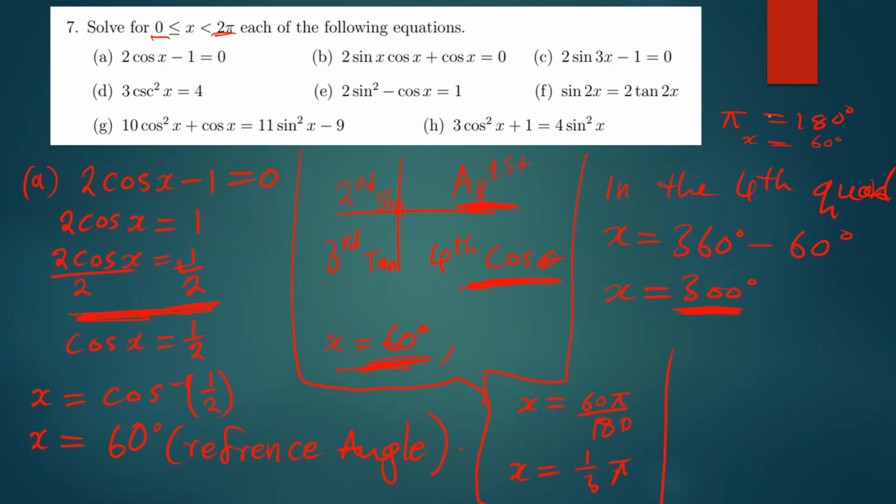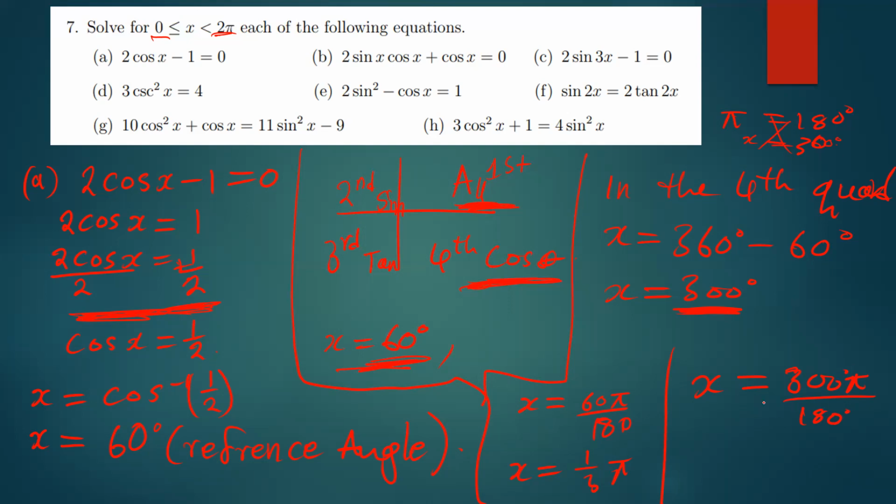So how do we convert it to radians as well? We put our 300 here. Then you cross multiply, pi times 300 and x times 180, and then you make x the subject. So you have x is equal to 300 pi over 180.